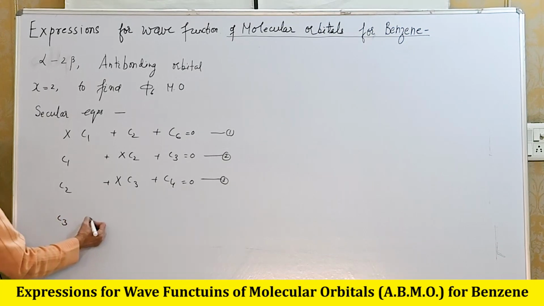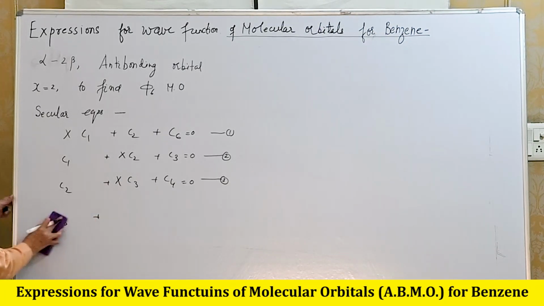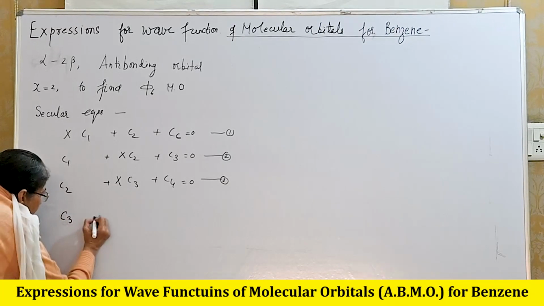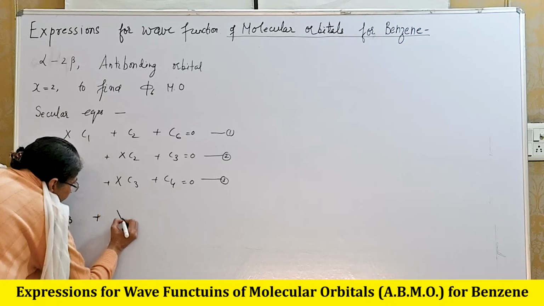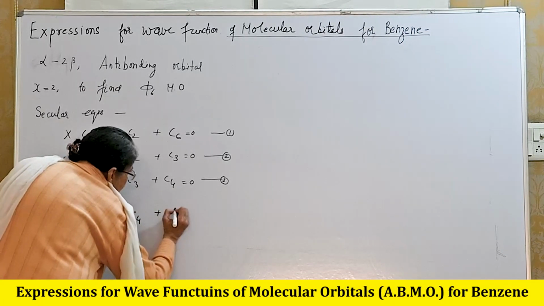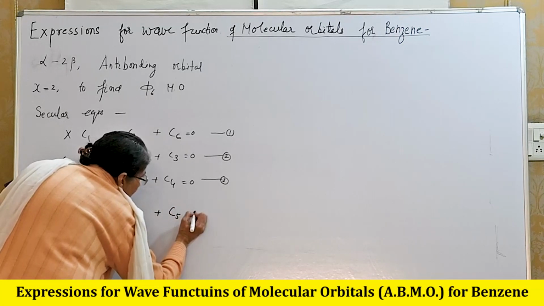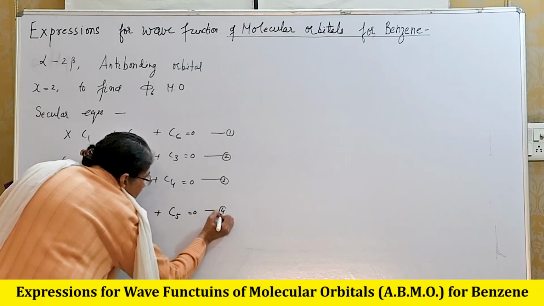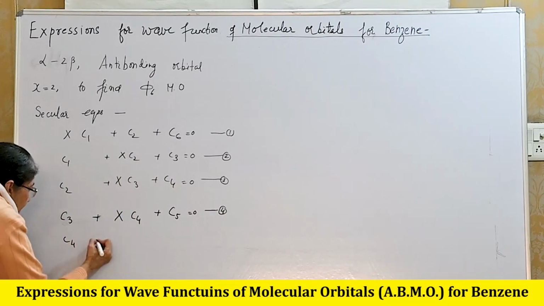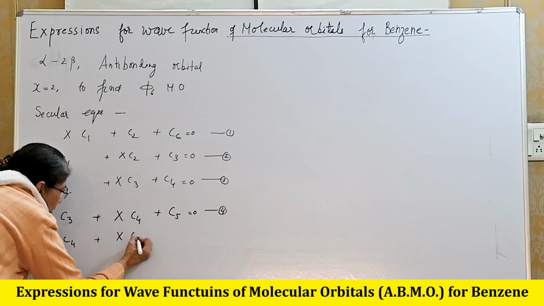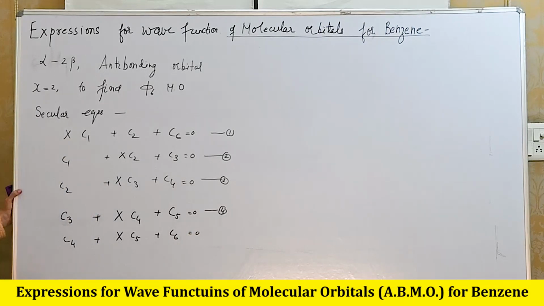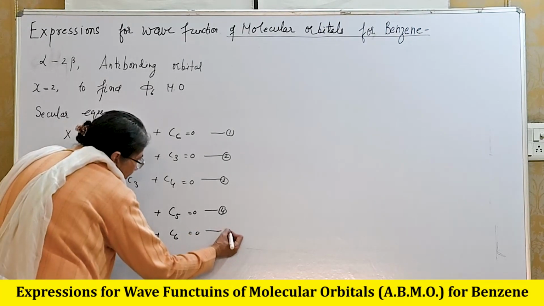C3 plus x C4 plus C5 is equal to 0, this is 4. C4 plus x C5 plus C6 is equal to 0, this is equation number 5.